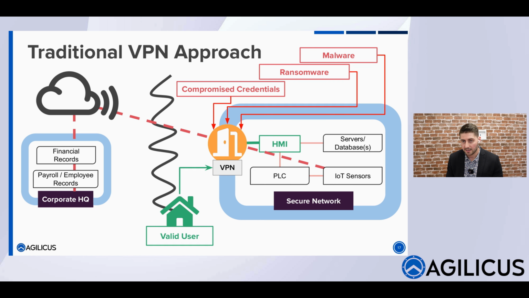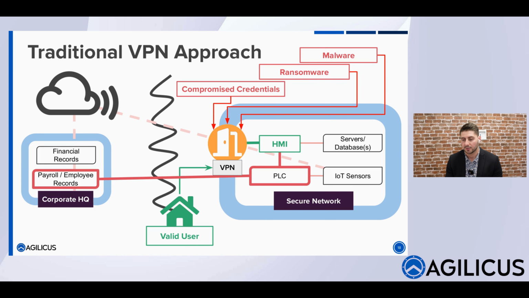At the end of the day, what's happening here is a door is being created. You're creating a door in the firewall. The thing that you purchased to make sure things stay out of it, there's now a door there. And so you're saying a valid user can get in, but what happens if something that is not attached to that user unintentionally comes through with it?